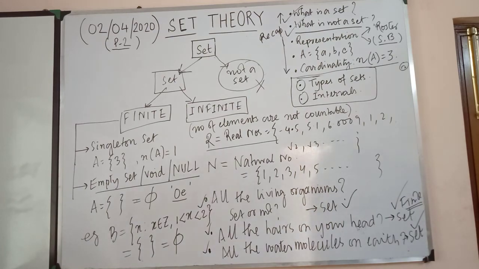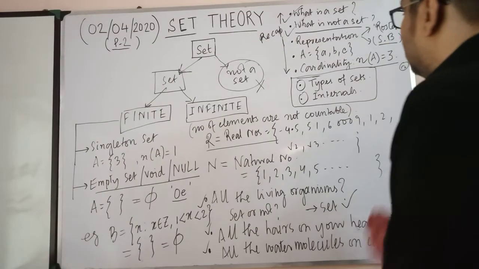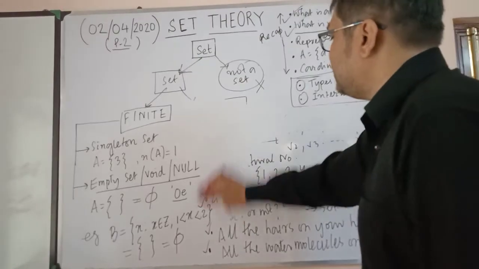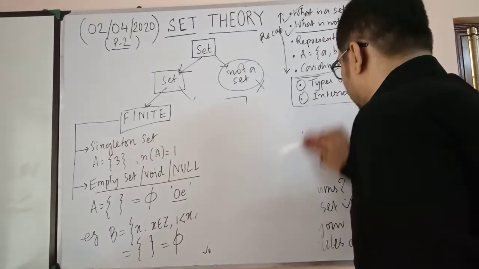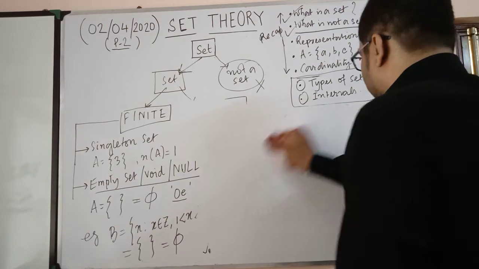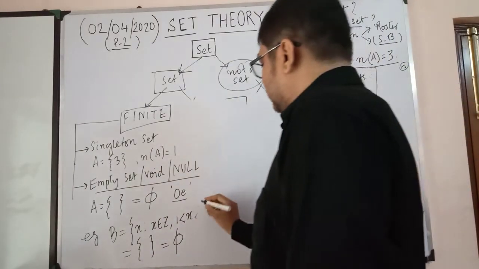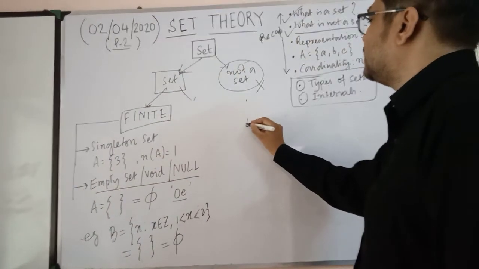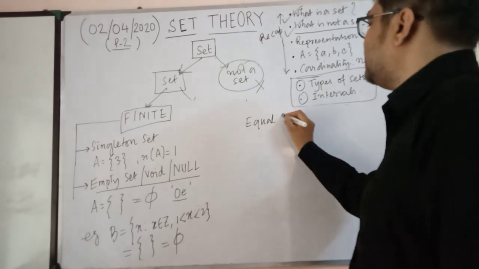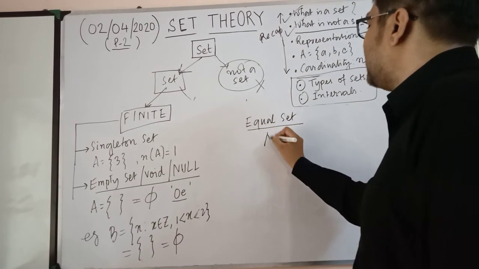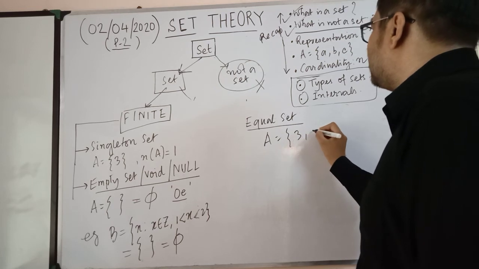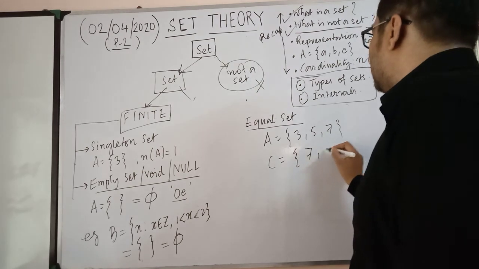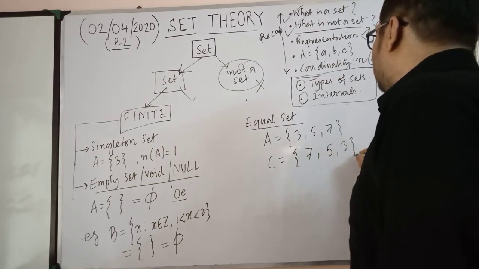Now we will try to see two different types of sets. Equal set. This is also a type of set, equal set. Equal set means, say A has got three elements, say 3, 5, 7, and somehow set C has also got the same elements, maybe in different order or the same order.